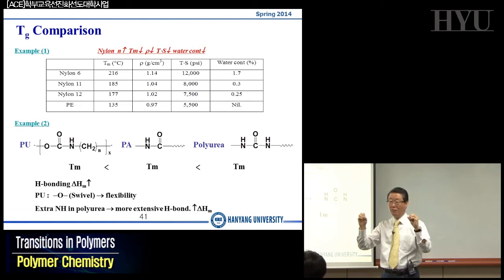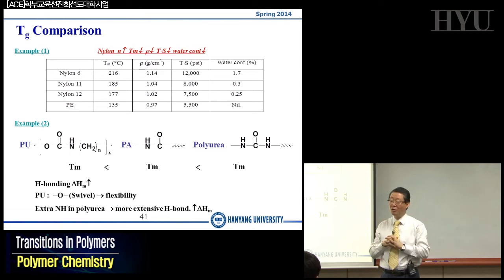If you remember this chemical structure, you have a carbonyl, CO, and NH. CONH is the amide functional group. And in between this carbonyl and NH, you have methylene units, CH2 units, (CH2)x.